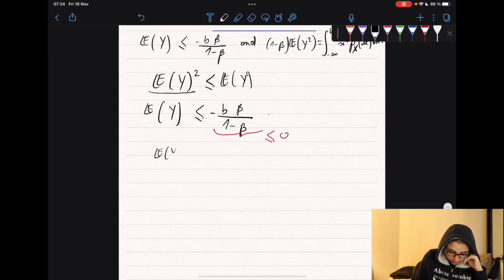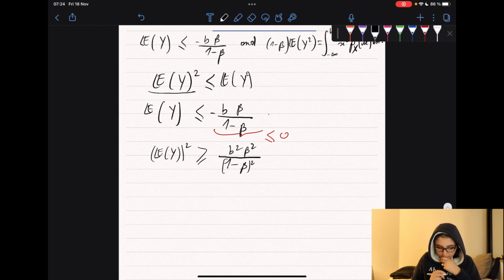So this is going to be more than b squared beta squared over 1 minus beta squared. Okay? So this is what we know.